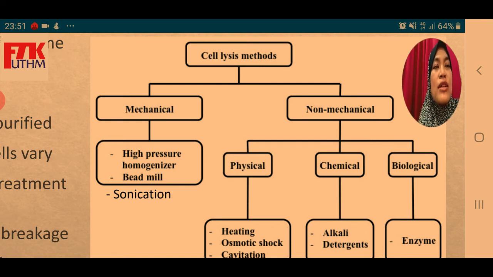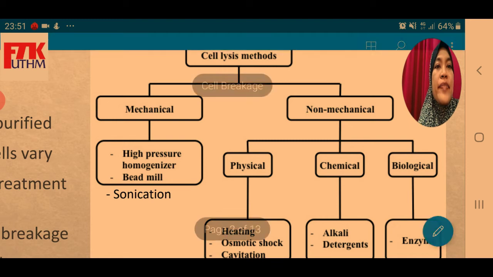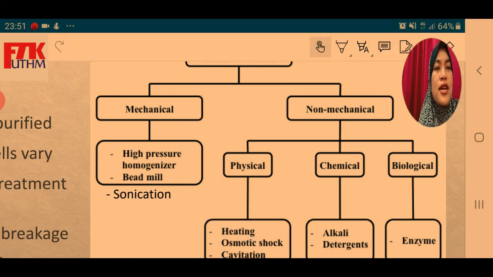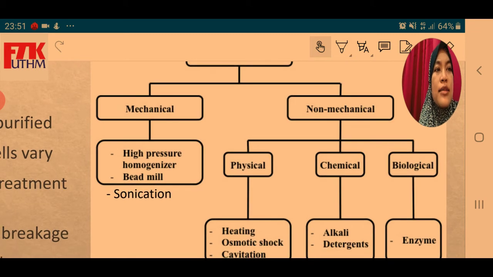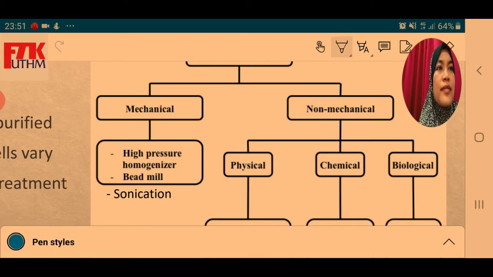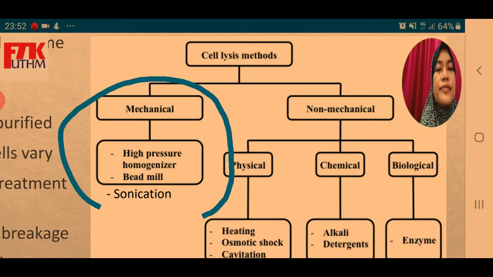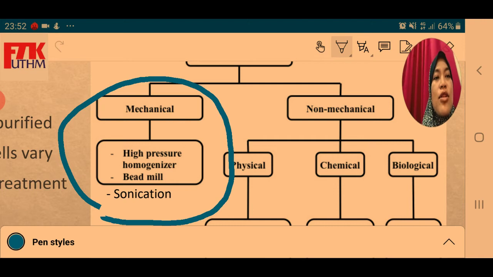So we will only cover the mechanical methods in our subject, which are sonication, bead mill, and high pressure homogenizer.